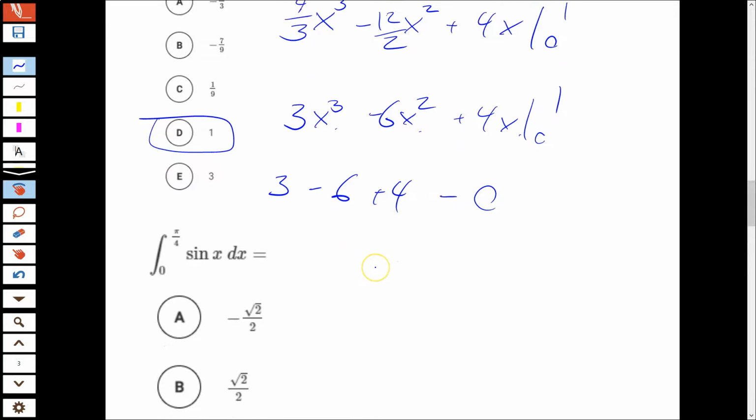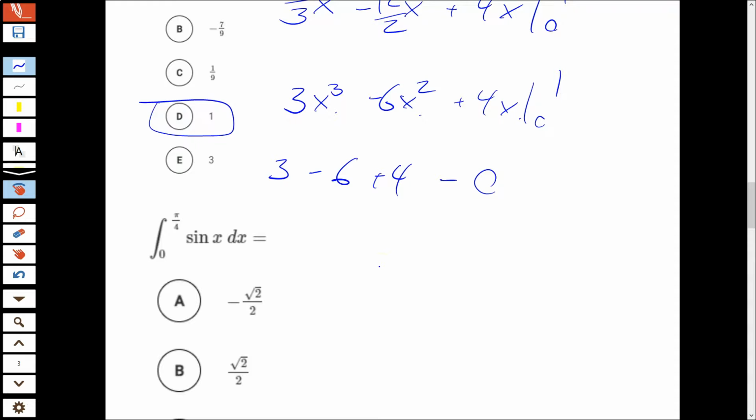And now we have another definite integral. The integral of sine, careful here, the integral of sine here is negative cosine of x. And that's because the derivative of cosine of x, remember, is negative sine x.